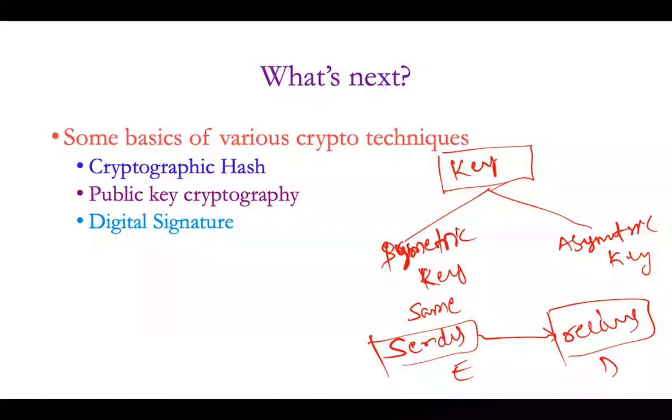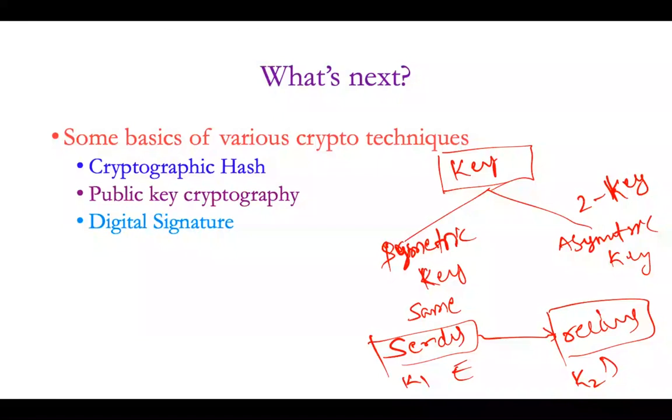Whereas in the asymmetric key mechanism, two different keys will be used. Key 1 is used for encryption purposes, and key 2 is used for decryption purposes.